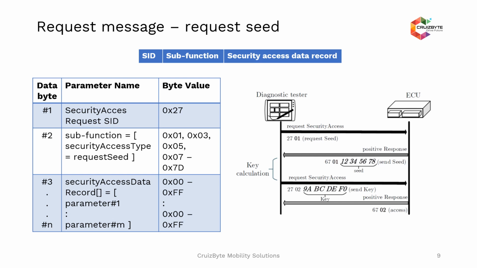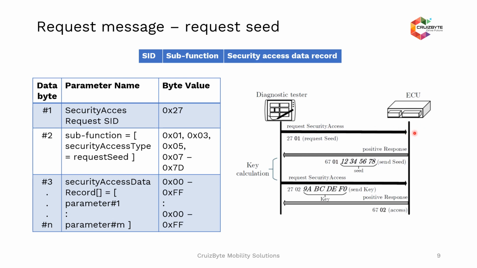As we discussed previously, the first request message to the ECU consists of an SID, subfunction and security access data. The SID value is 27, and there is a subfunction of type security access. In this diagram you can see 2701, which is the security access type, sent from the diagnostic tester to the ECU.